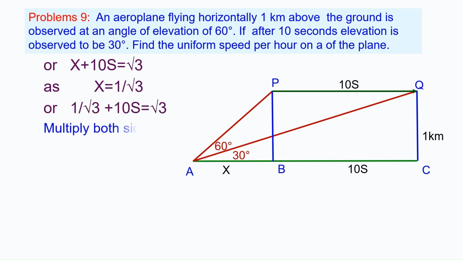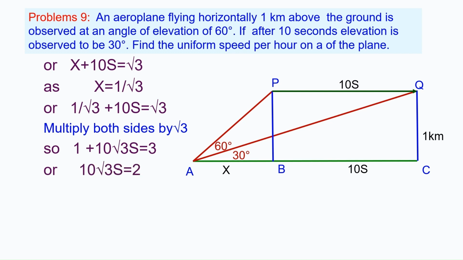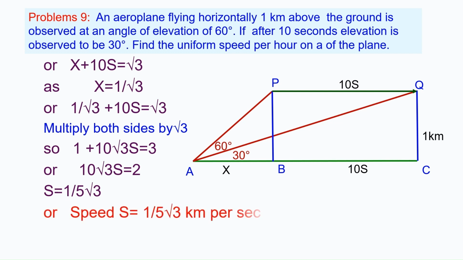Solving it further by replacing x equals 1 divided by under root 3 in x plus 10s equals under root 3, and multiplying both sides by square root 3, we get s equals 1 divided by 5 multiplied by under root 3.